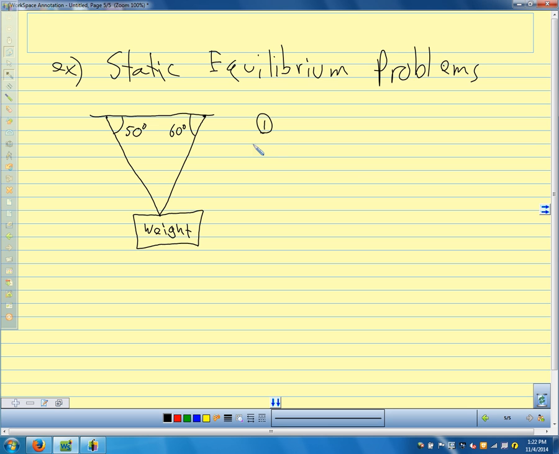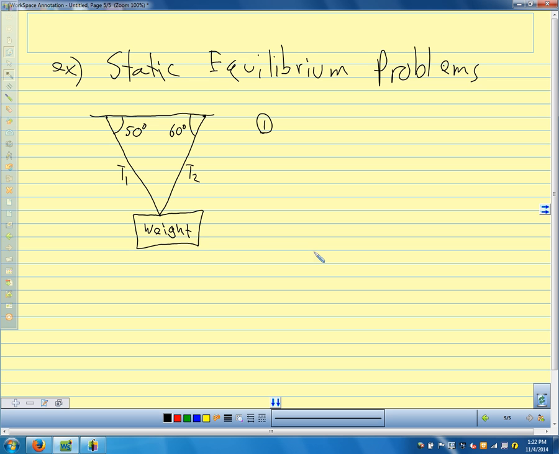For all of these, they'll ask you to find the tension, T1 and T2, in these cables. Since they're not moving, the horizontal components, the x components, have to equal each other. So the weight is not moving side to side.